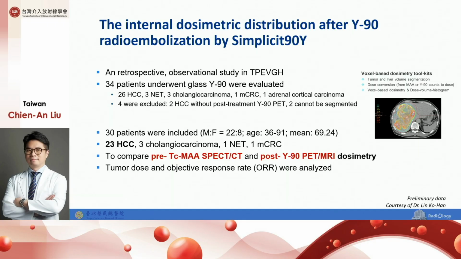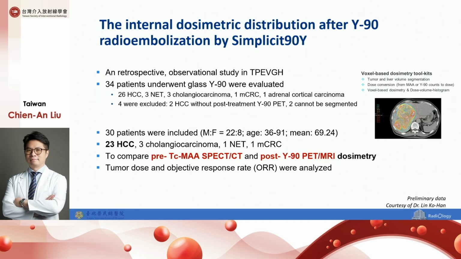We use the demo version of the simplicity in our institute to calculate our treatment outcomes. We enrolled 34 patients who underwent glass Y90, and finally 30 patients were enrolled. Among them, 23 are HCC cases.